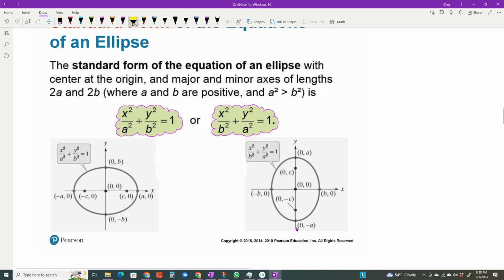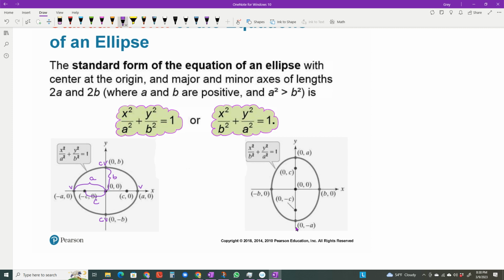And what's more important is, as I talked to you before, and this is something you really need to know, a is the distance from the center to the vertex. b is the distance from the center to the covertex. This is a vertex. This is a vertex. This is often referred to as a covertex and a covertex. And c is the distance from the center to a focus in either direction.